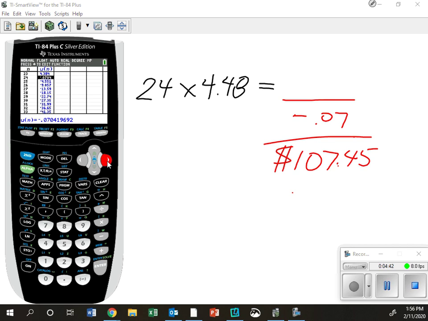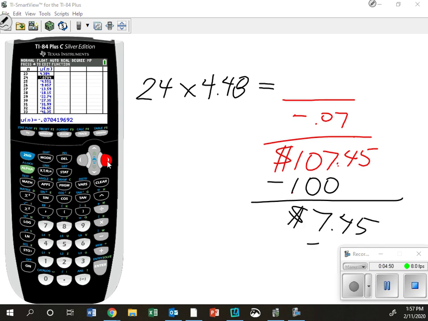All right. It is as simple as you were trying to borrow 100. The extra that you paid, $7.45 of interest.